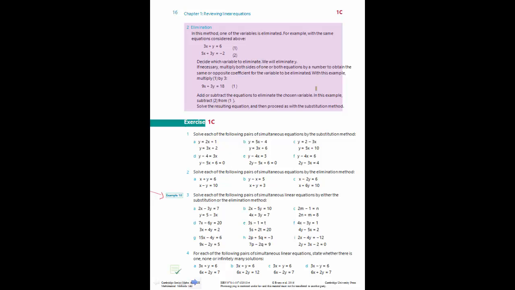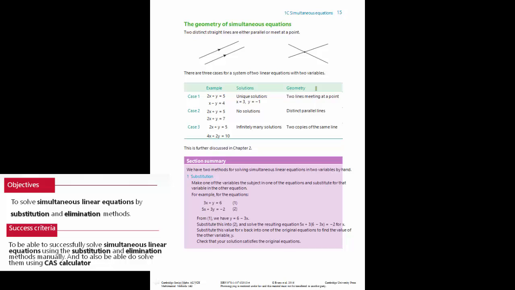Okay, now for the last note on simultaneous equations, for lines we've got three different possibilities. Either the lines are parallel, so they never meet, so there's no solution, or they're not parallel and they do meet at a single point, or it's the same line, so it meets at every point, so you've got infinite solutions.